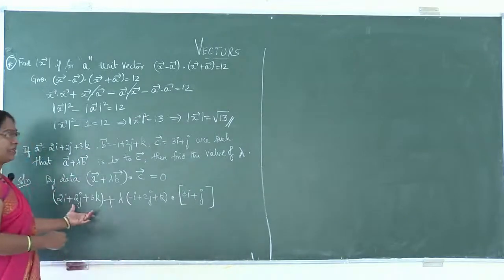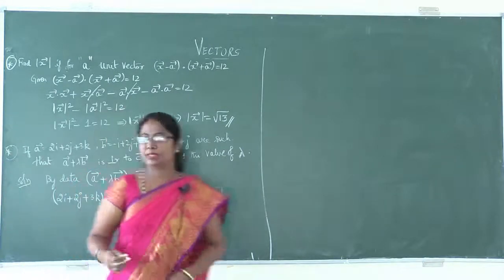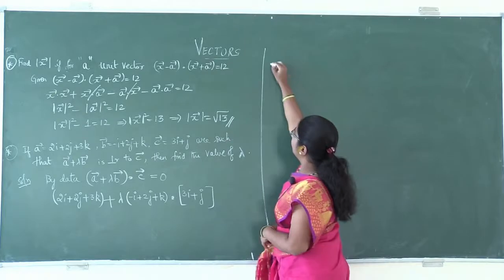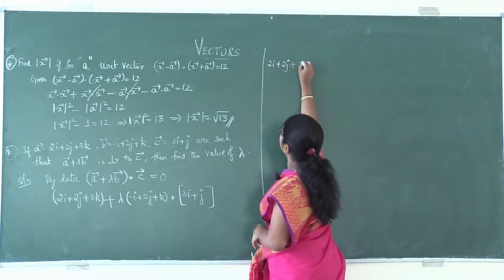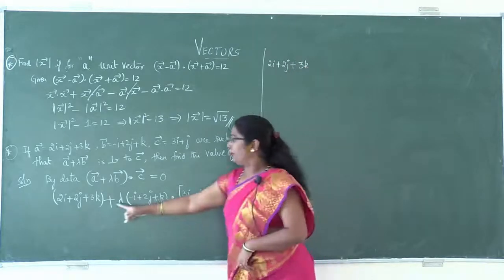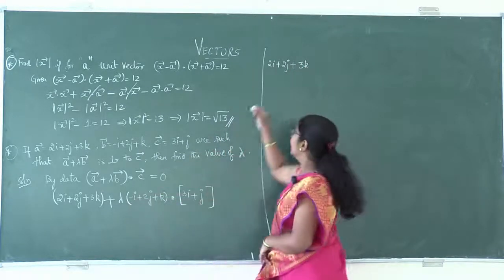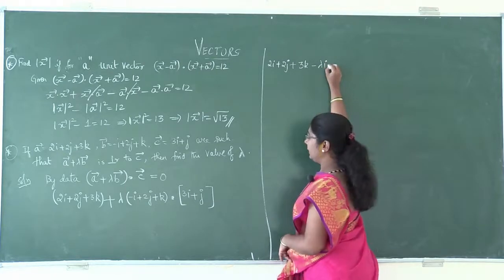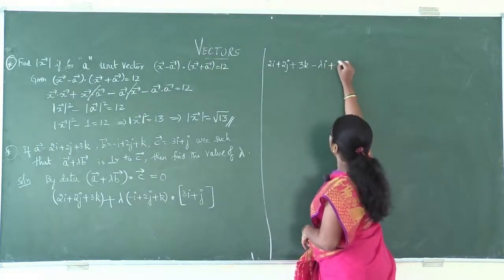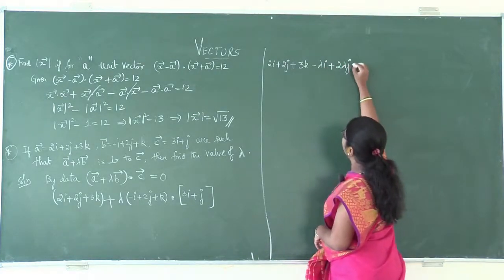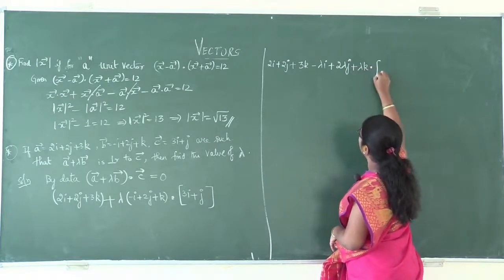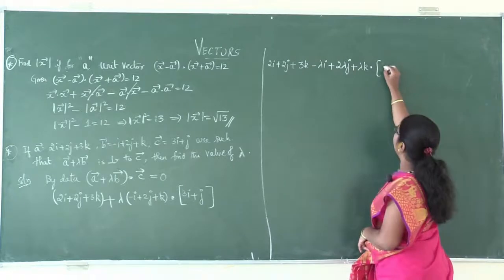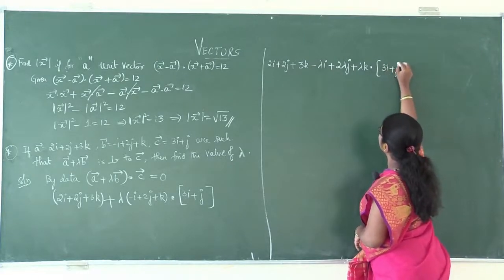Now we shall first multiply with lambda. So proceeding further, I can rewrite this as 2i plus 2j plus 3k plus minus lambda into i, again plus 2 lambda into j plus lambda into k, dot product with what is the next vector we have here? 3i plus j.